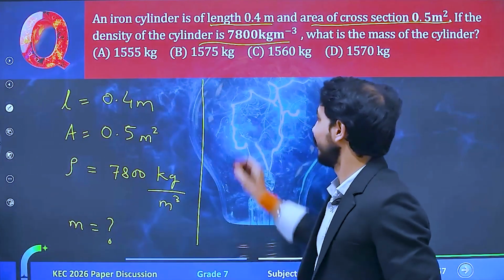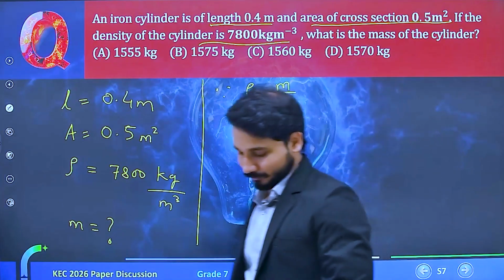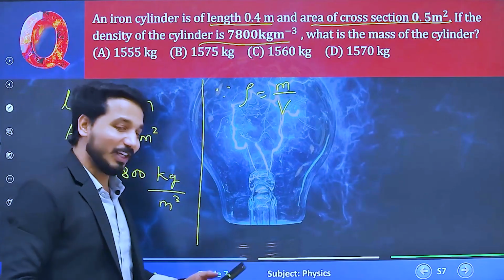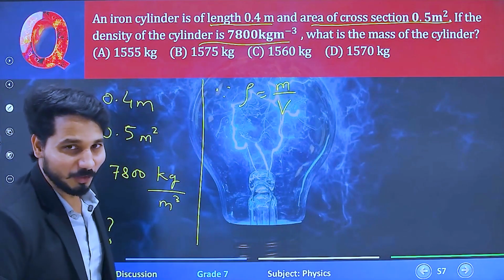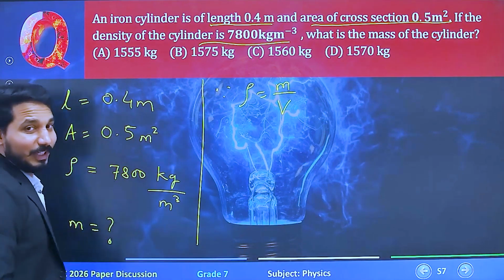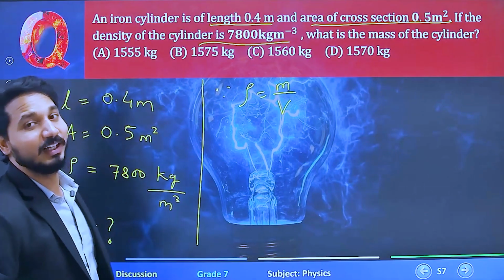For calculating mass, we know that density is equal to mass upon volume. We know the formula, but in the data provided, volume is not given directly.